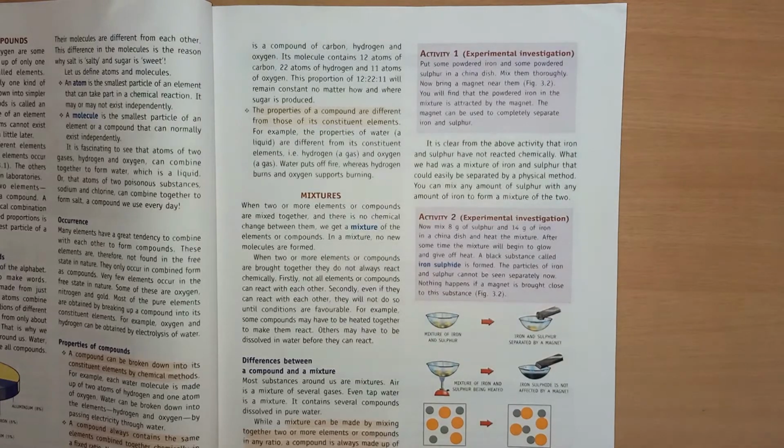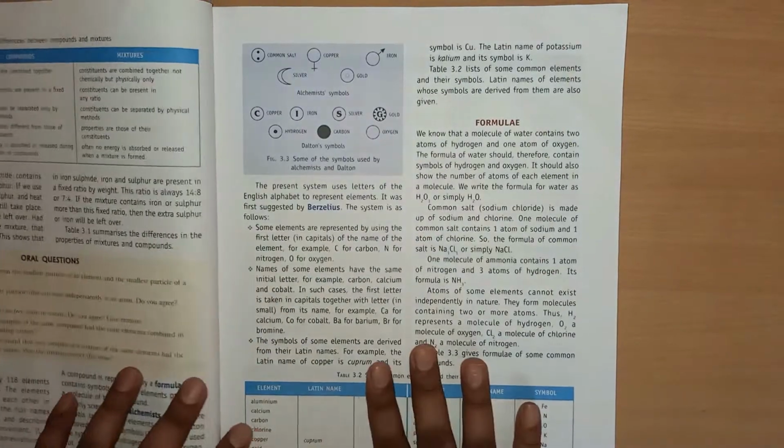Now we cannot separate the iron from the sulfur because a new substance is formed in which the property of attraction to a magnet is not present, because the iron loses its property to form the new substance. Let's read further.